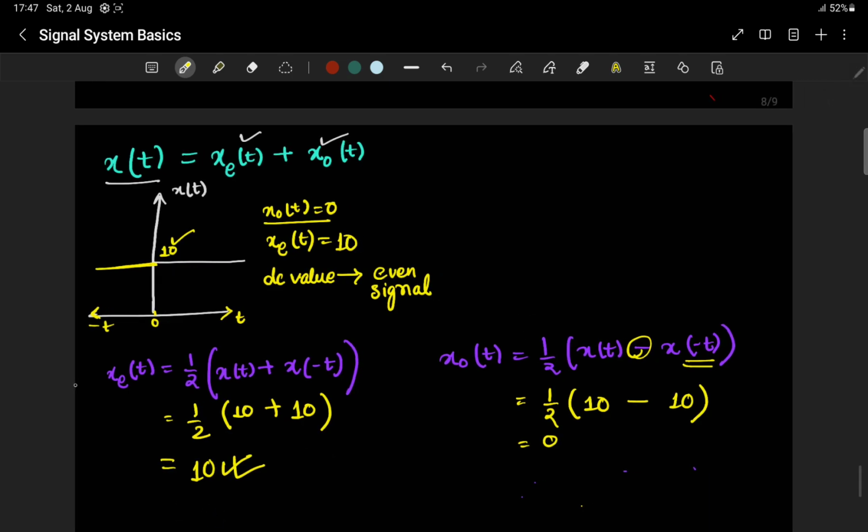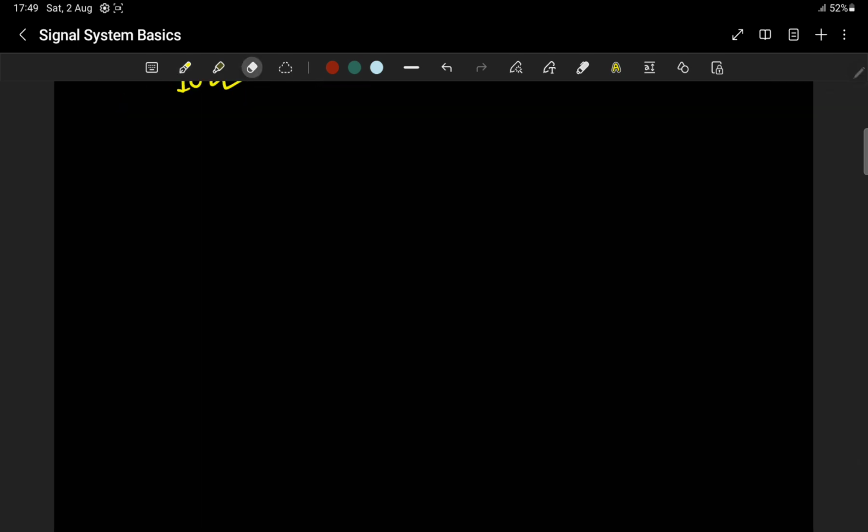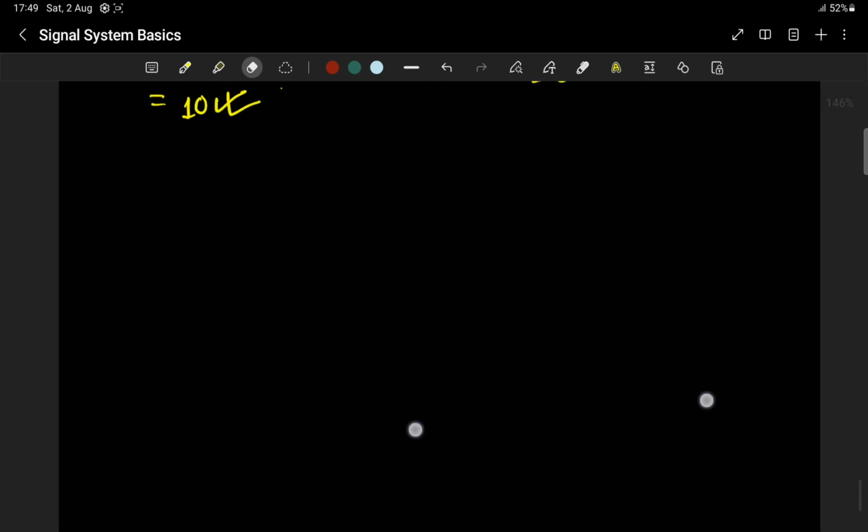This is the first property. Keep this in mind. These two formulas are very much important. Property 1. Then I would be moving to the next property. The next two properties are subsequent properties which I have already taught you.